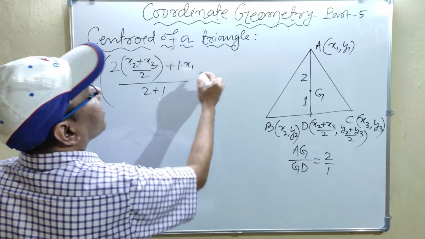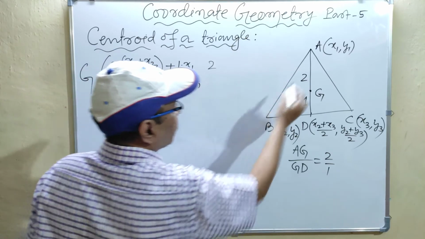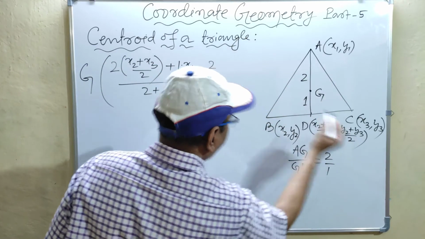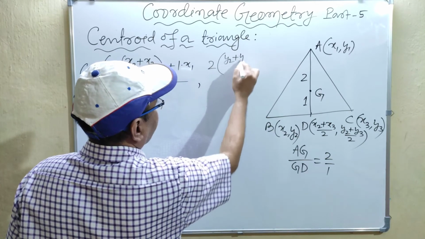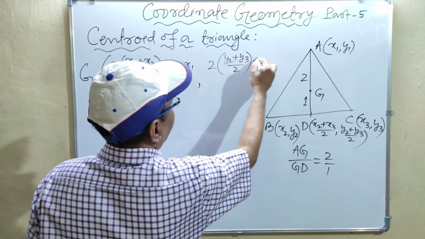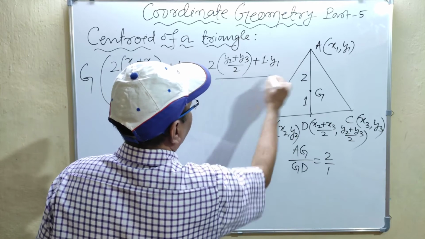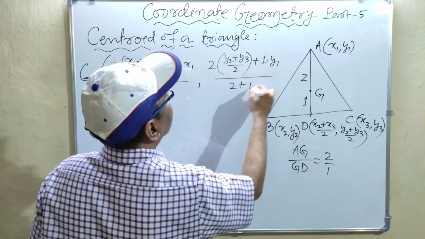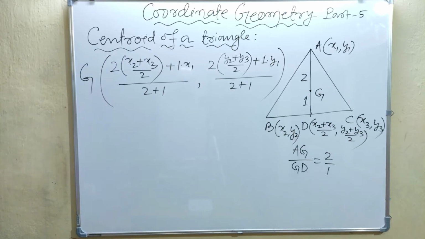And the y coordinate will be my2 plus ny1, where in place of y2 it is y2 plus y3 by 2, y1 is y1 itself, by m plus n means 2 plus 1. This will be the coordinate of G, meaning the coordinate of the centroid of the triangle.